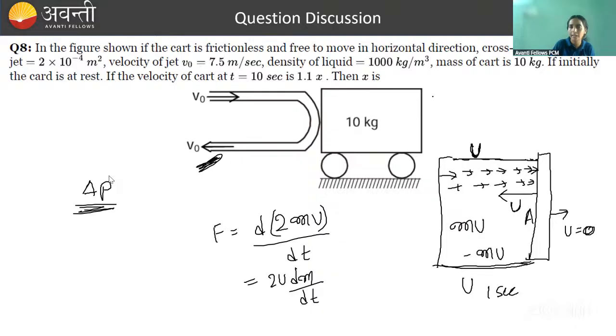This is area A. How much mass reaches in 1 second? A u rho. Au is the volume; multiplying by rho you get the mass. So basically A u rho is the mass you are getting, and you are getting this mass in 1 second. So this is basically the rate of mass striking the wall, that is dm by dt.